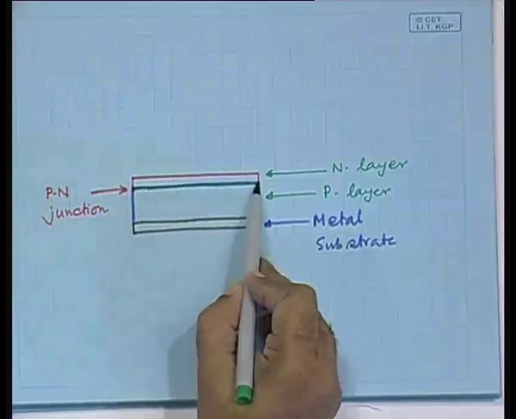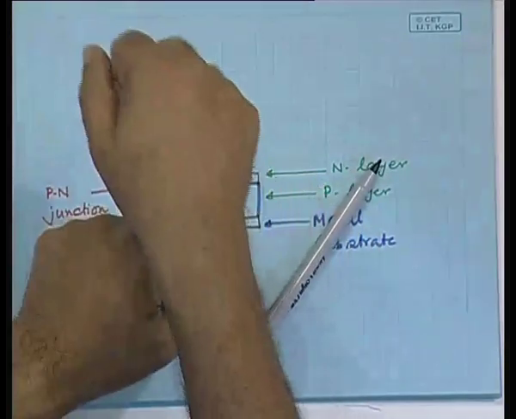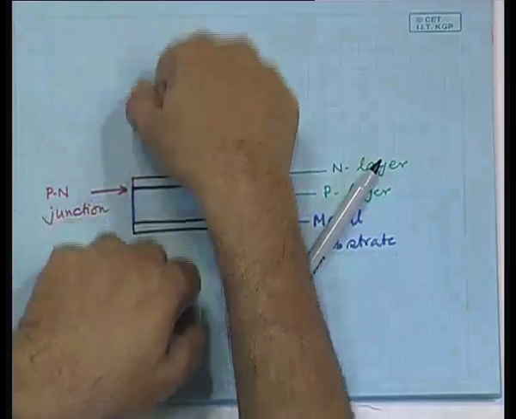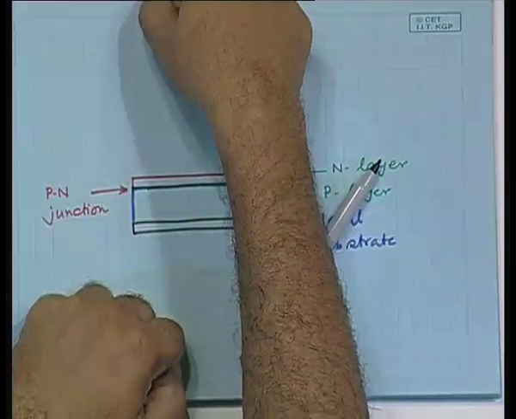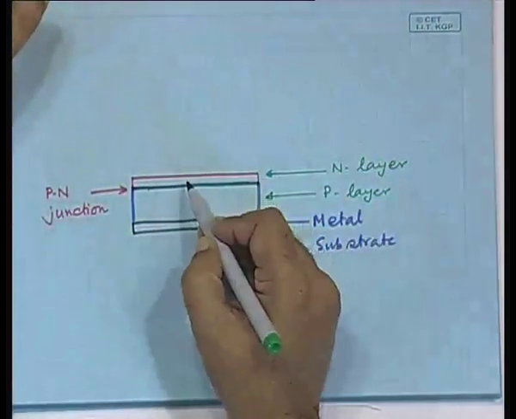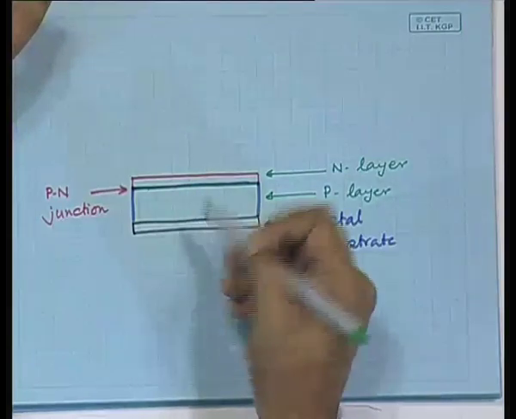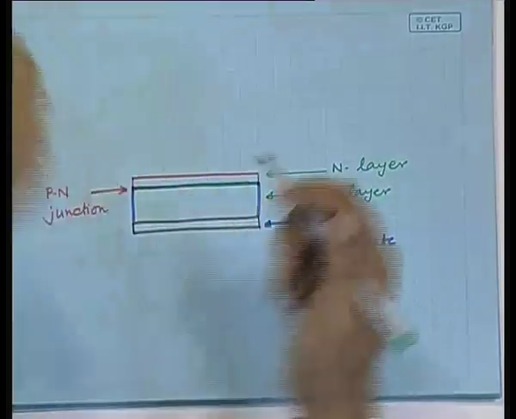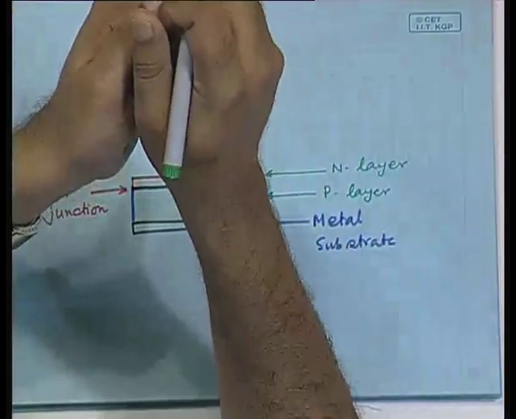But then there are a few things that you need to understand carefully. First thing is that, the p-n junction being here, the electron hole pairs are created all right, and they go in different directions, but before they are collected by the contacts, they may also recombine.